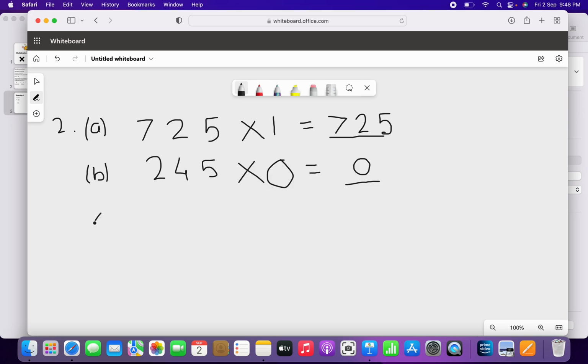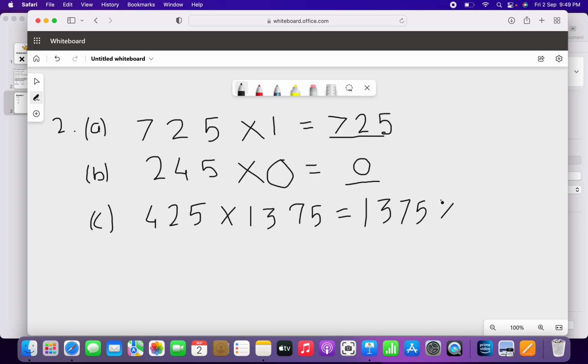Third one. What it says. That's actually C, yeah. 425 into 1375 is equal to what? 1375 multiplied by what?